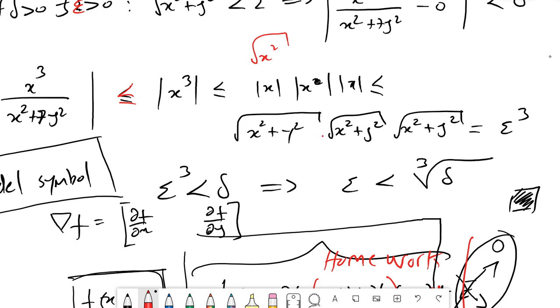This times this, right? And since this is epsilon, each one of these is epsilon to the power of 3. So that's epsilon to the power of 3 smaller than delta, right? So epsilon is smaller than the cubic root of delta. And it proves that the limit is 0.